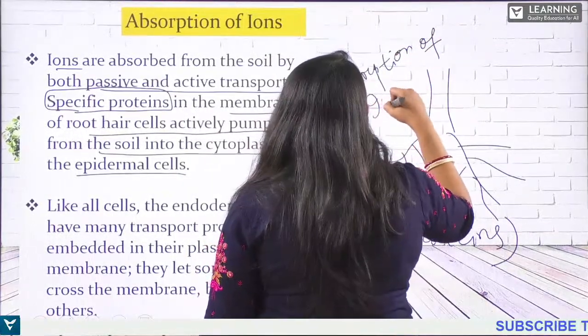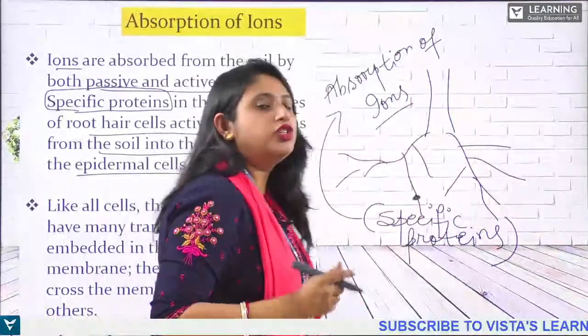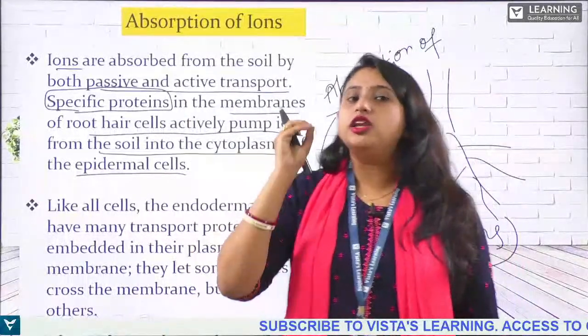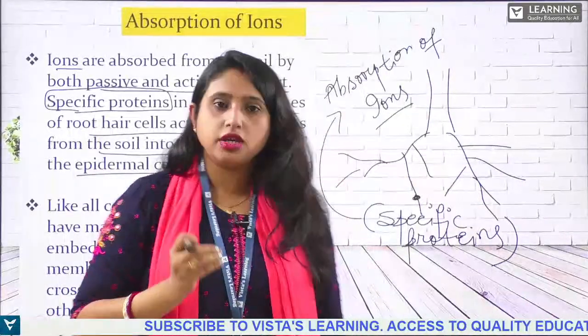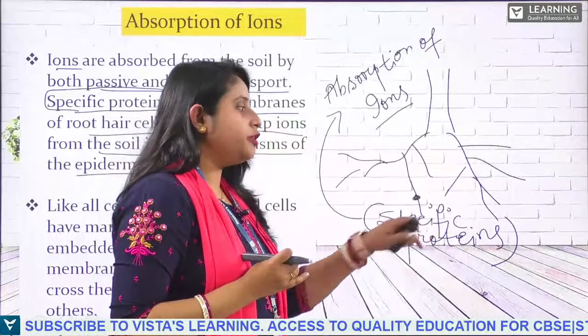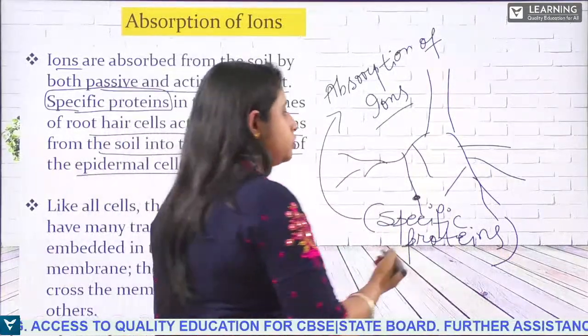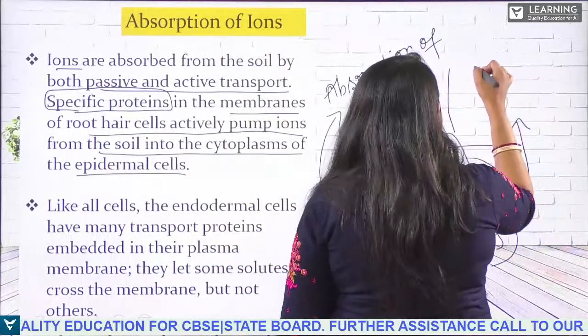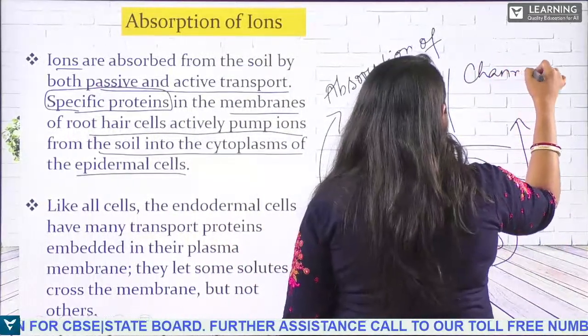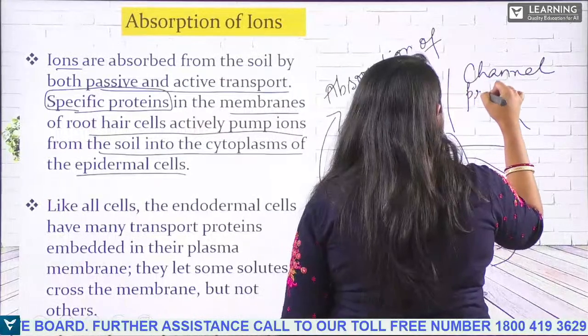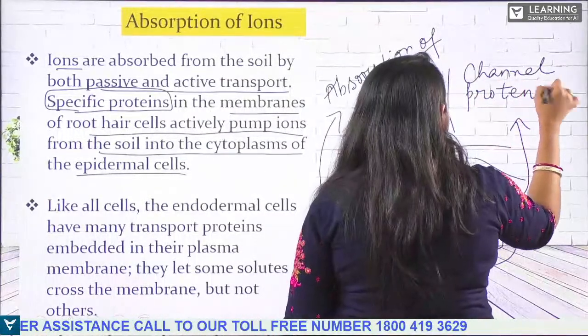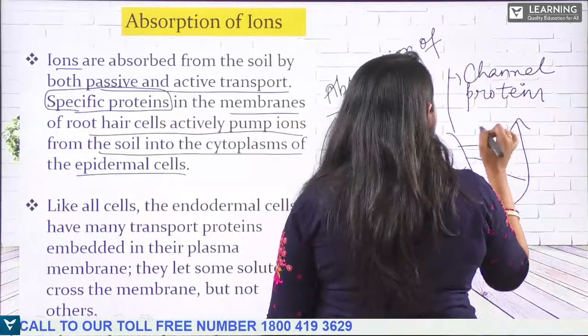Some ions are bigger in size and cannot be absorbed into the root hairs directly, so they are absorbed by the specific proteins like the channel proteins and carrier proteins. What are the specific proteins? Like channel protein.